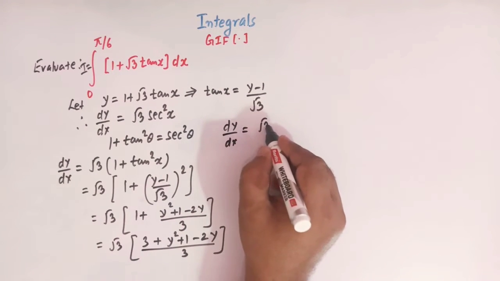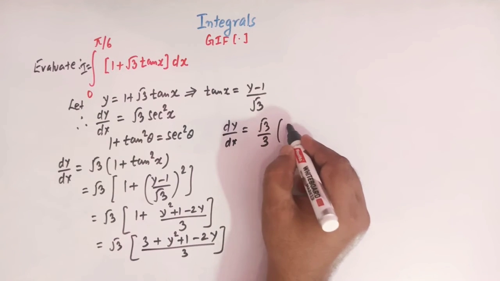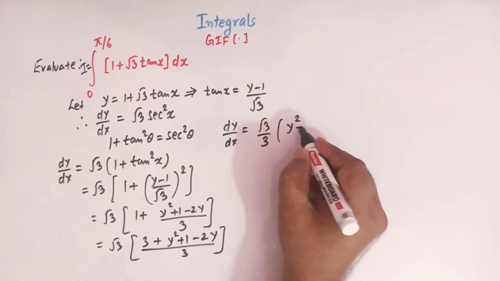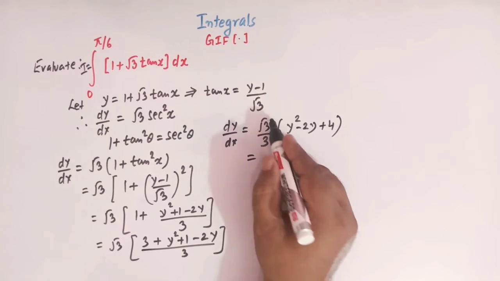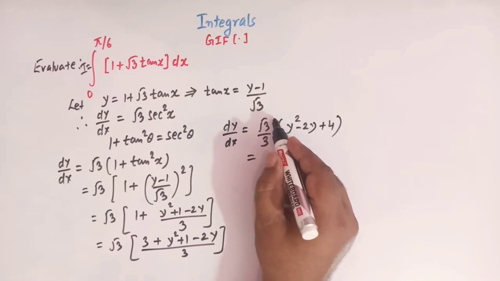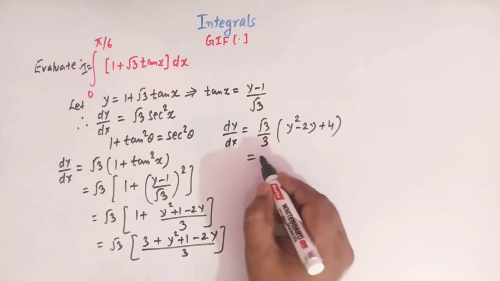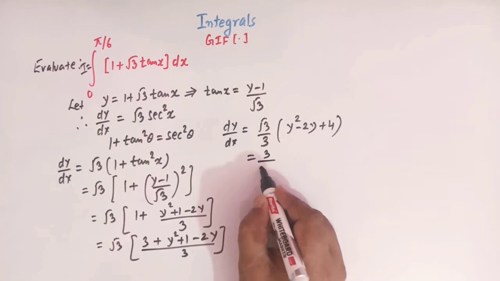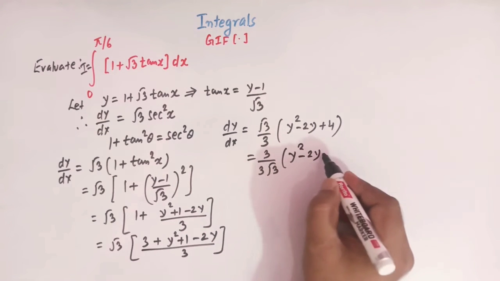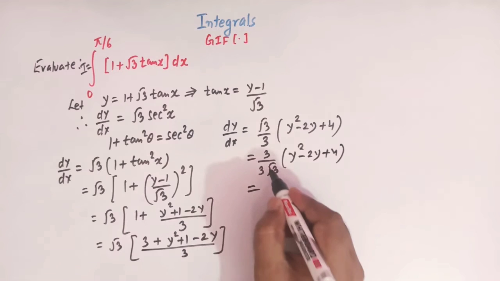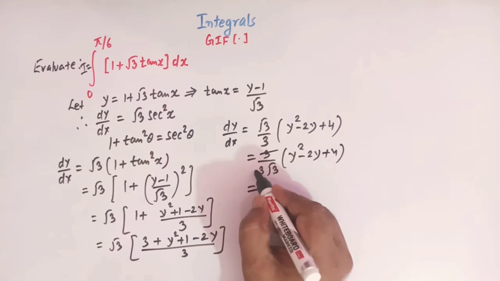So we have root 3 over 3 and we have y square minus 2y plus 4. Now rationalizing the numerator and denominator by root 3, we have 3 over 3 root 3 and y square minus 2y plus 4. So here the 3 and 3 get cancelled.